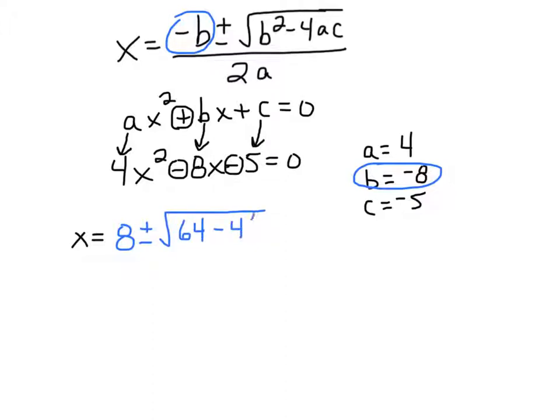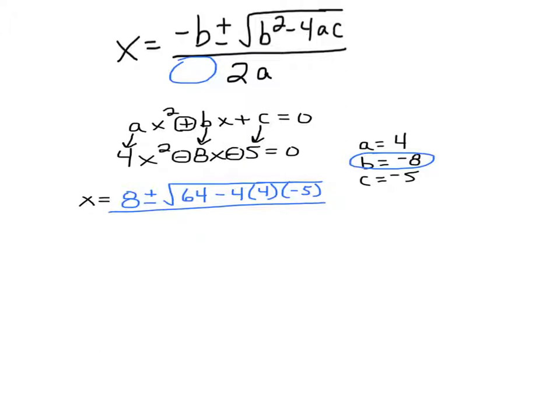Subtract 4 times a is equal to 4, times c is equal to a negative 5, all over 2a, and since a is equal to 4, I have a denominator of 8. Then, at this particular point, I'm just going to go through and solve this.